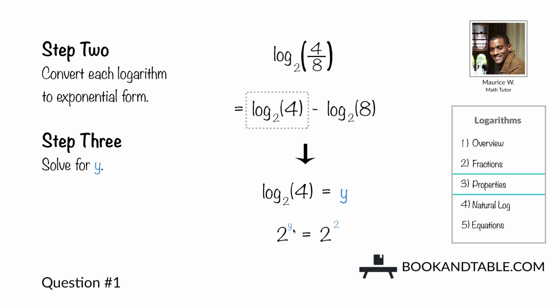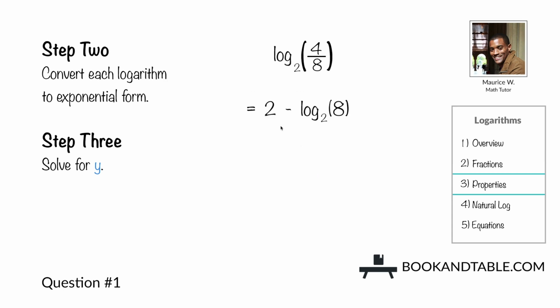So we see that y is equal to 2, letting us know that the log of base 2 of 4 is equal to 2. So we can replace this term here with 2. And now we can convert the log of base 2 of 8 to exponential form. So we set it equal to y. And now we take our base 2, raise it to a power of y, and set that equal to the argument 8.